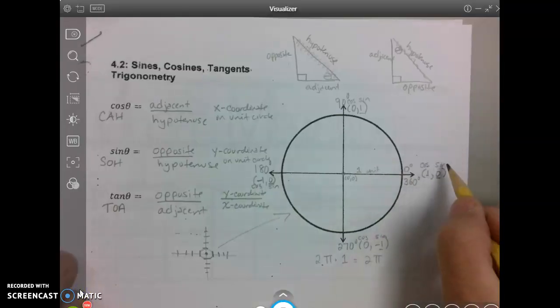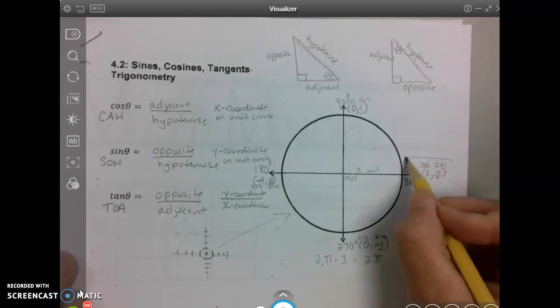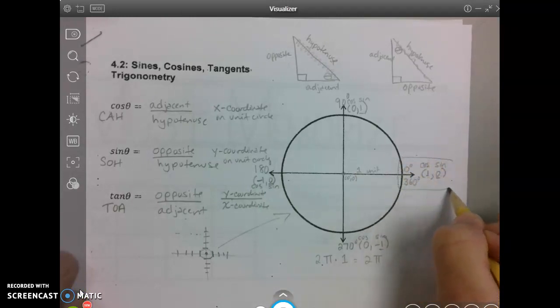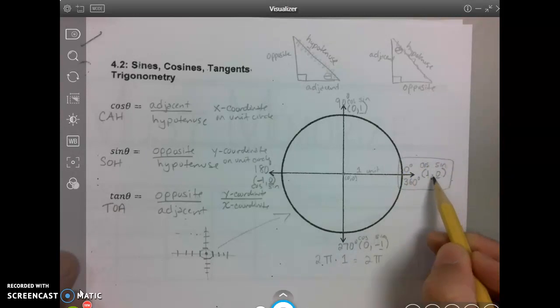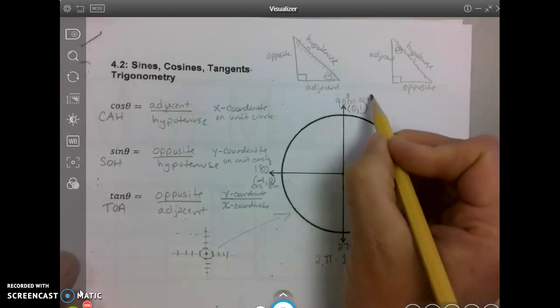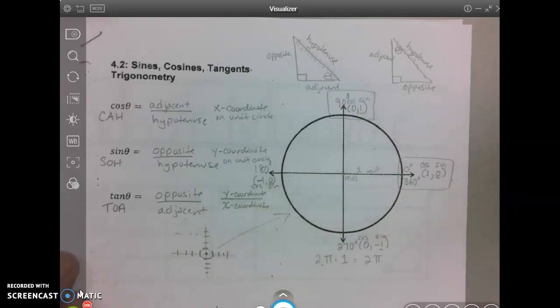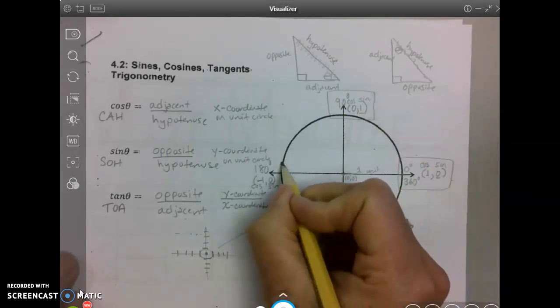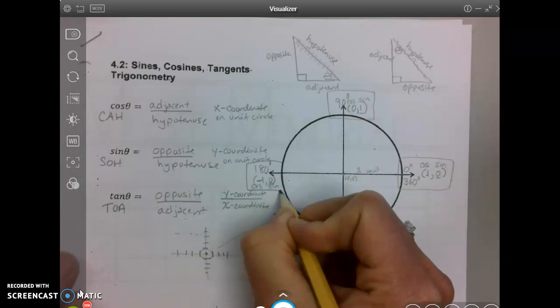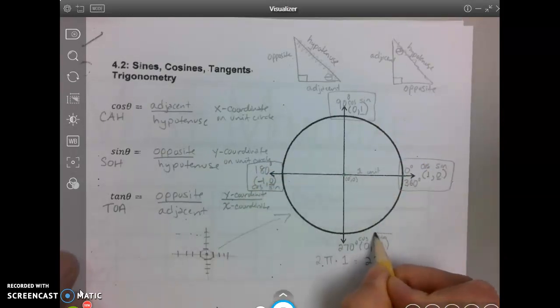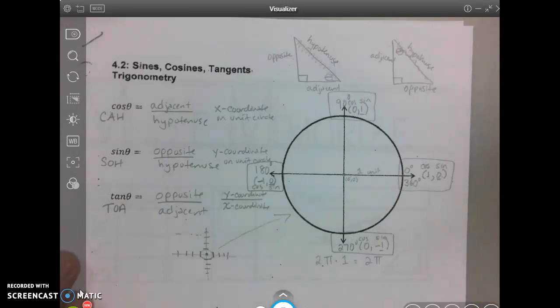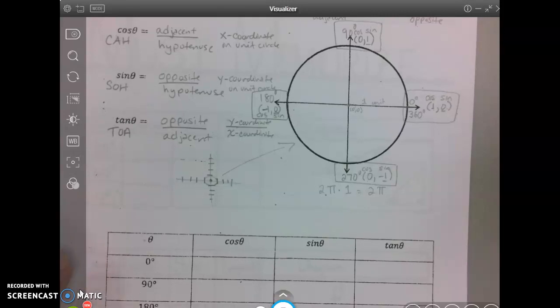All right, so on my unit circle, I want you to notice that I have my sine and cosine for 0 and 360. I have my cosine and my sine for 90 degrees right here. I have my cosine and my sine for 180, and my cosine and my sine for 270. So I can go ahead and fill out the first two columns of this table.